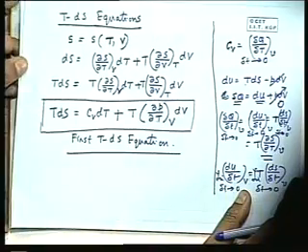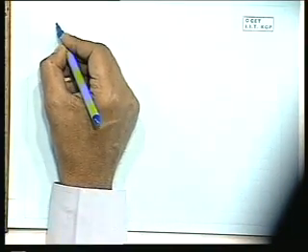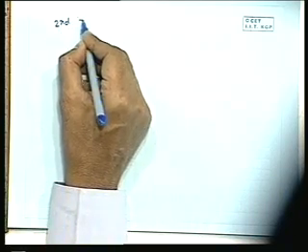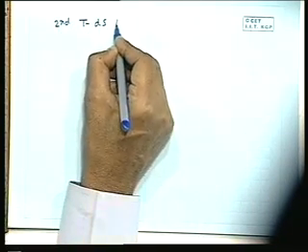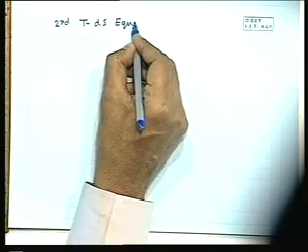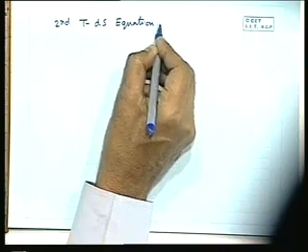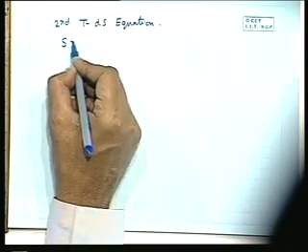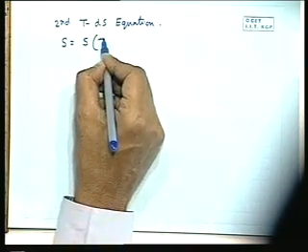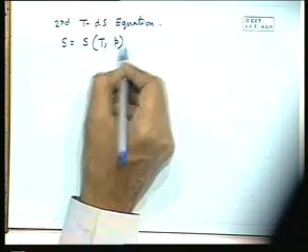This is the first TdS equation, now the second TdS equation. The second TdS equation expresses TdS in terms of T and P. That means we start with S as a function of T and P, temperature and pressure.